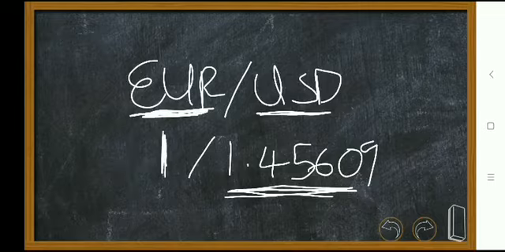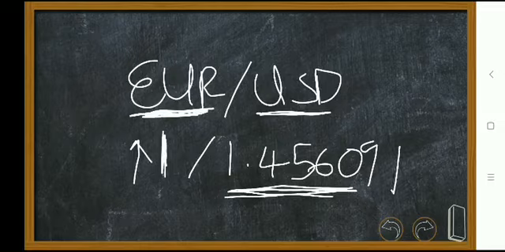If you buy 1 euro, you're automatically selling this one. Remember, we said when you buy one, you automatically sell the other. When you sell one, you automatically buy the other. So this is how this whole thing works.